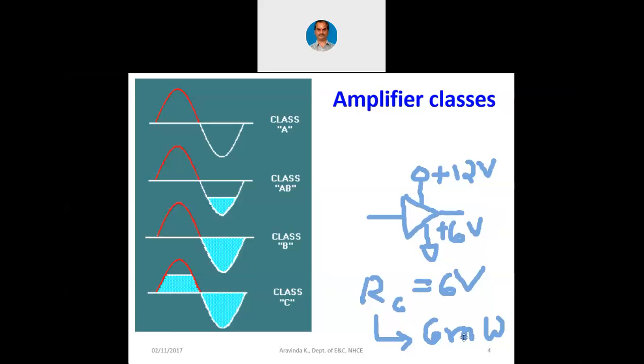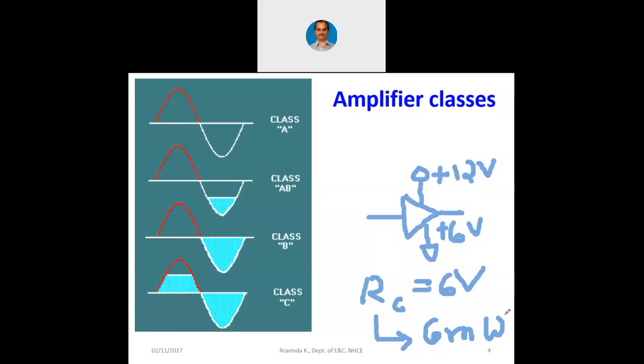So now you can see across this collector resistance 6 volts is there, because of which across the resistance 6 milliwatt power is going to be dissipated, which is a total wastage of power. What we want is, when the input signal is absent, the circuit should not draw any power. That is what we ideally want.